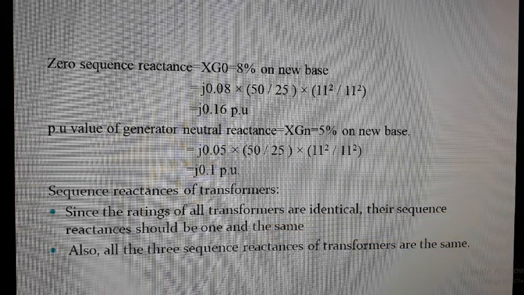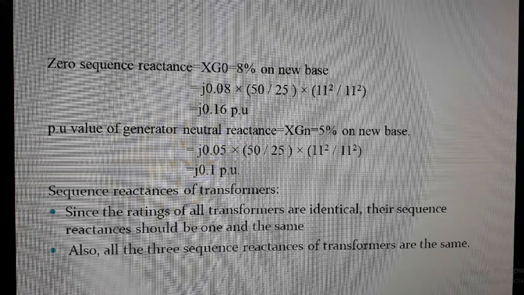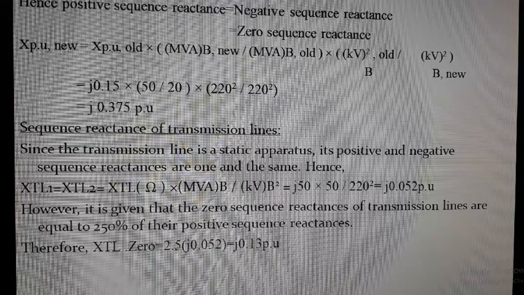Now the transformers. The ratings of all the transformers are identical, therefore the reactances should also be the same, and all three sequence reactances of the transformers are also the same. Positive sequence reactance equals negative sequence reactance equals zero sequence reactance.